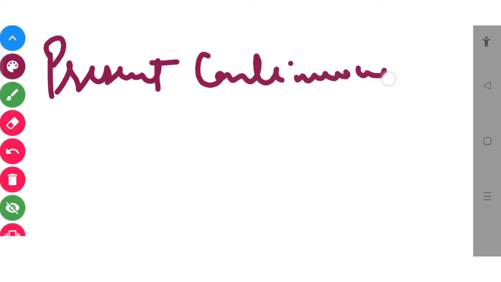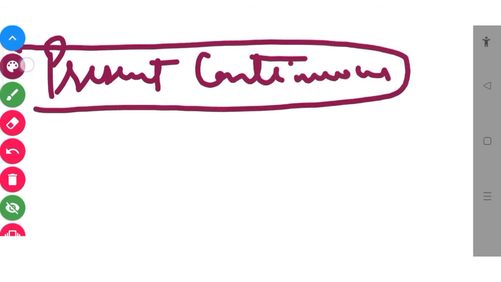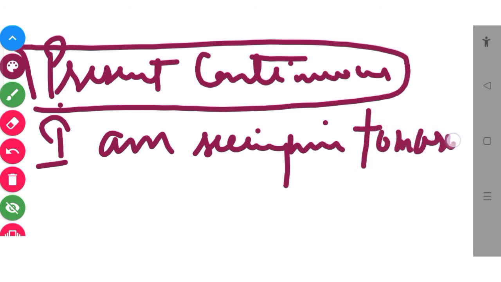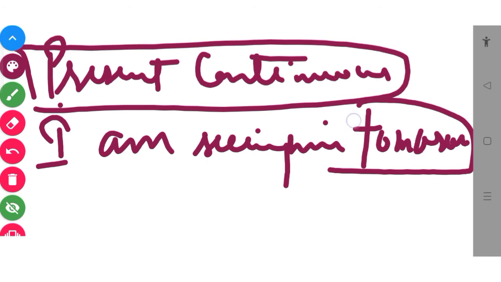Then the third way I said is present continuous. How can we use present continuous tense to write a future indefinite sentence again? Like if I am saying "I am seeing him tomorrow." There it is necessary that you need to have a time adverbial, which will express the future happening.